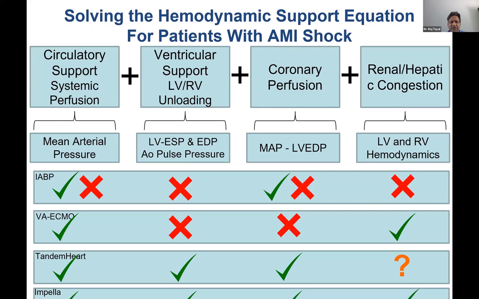What you can see is that Impella is able to help not only with circulatory support, ventricular support, as well as coronary perfusion and decreasing hepatic congestion, as is a combination of these devices such as ECPella, which means a combination of ECMO and Impella. Tandem Heart is something that we initially used quite often, however, we have decreased its use and moved more towards the ECPella combination in lieu of that.